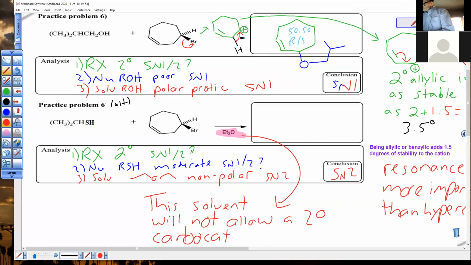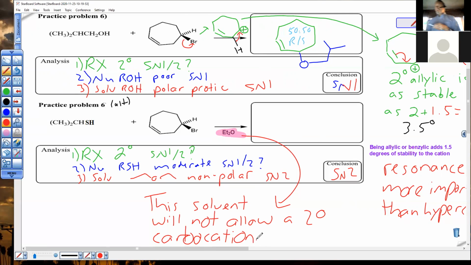Remember, secondary needs a little help. So if you can't have a secondary carbocation, then you can't have a rearrangement from the secondary carbocation. Why? Because there's no secondary carbocation to rearrange.